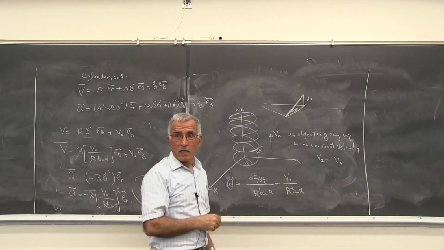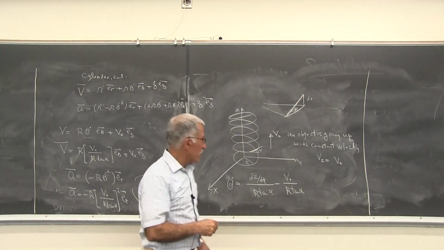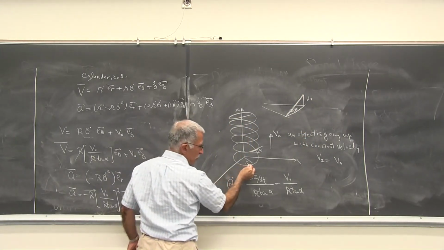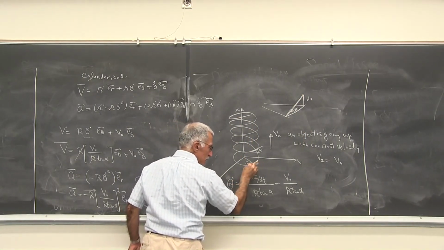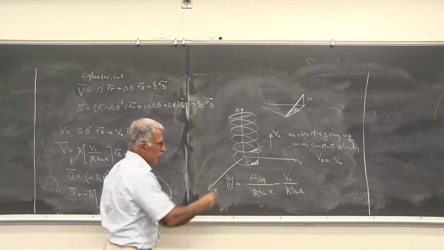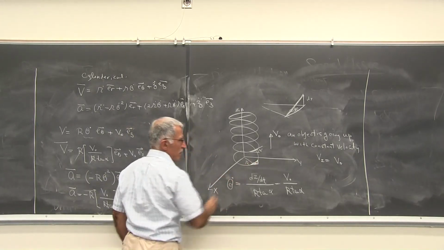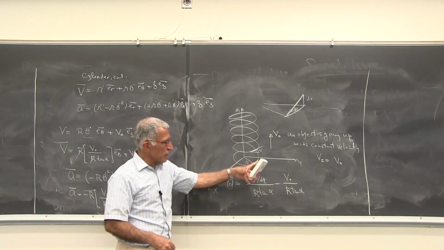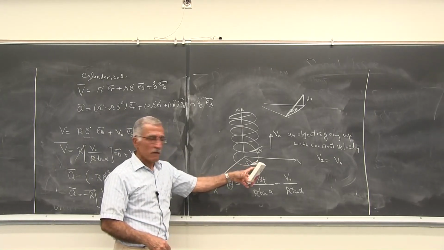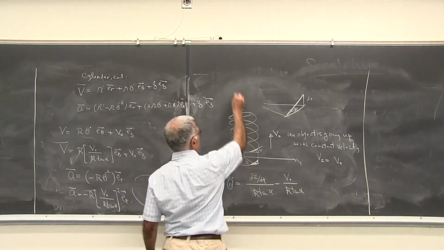This is a path of a spring. You follow? So this is your spiral. You go around the circle and then you go up, and that's a path. And this angle is alpha. From the geometry, you can say tangent alpha is equal to dz divided by r delta theta. That's what I said.